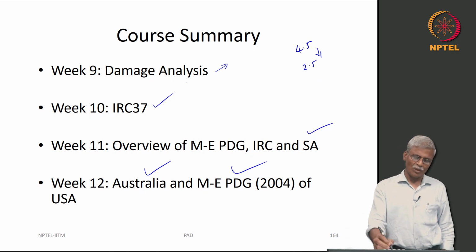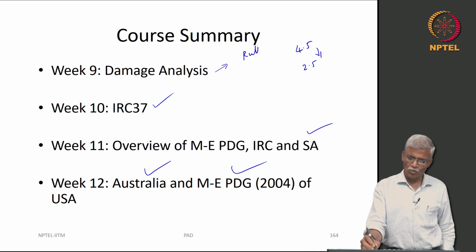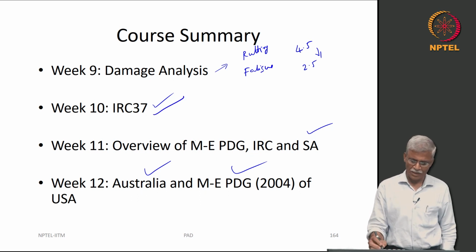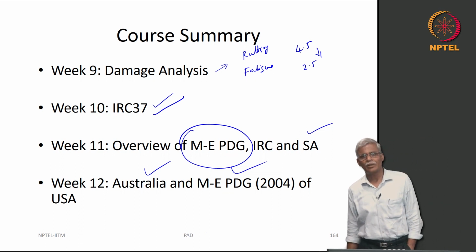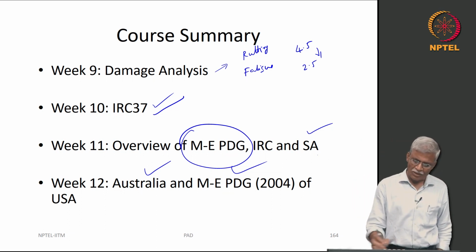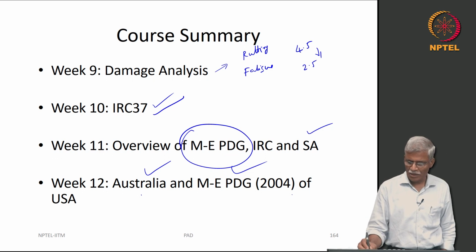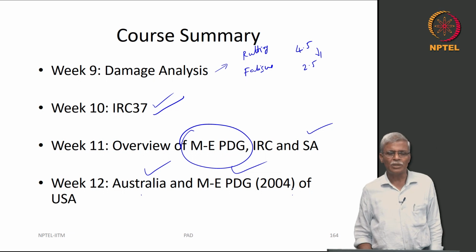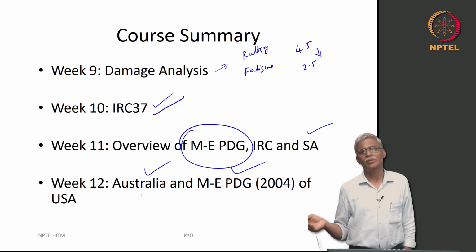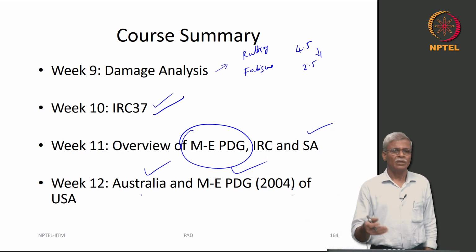And then we talked about damage analysis, more about rutting, fatigue, then we talked about IRC, then we gave an overview of MEPDG and talked about Indian Roads Congress, then South Africa, then Australia and then MEPDG. So, this is what we managed to do in this 30 plus hours of lecture with you in this 12 weeks.